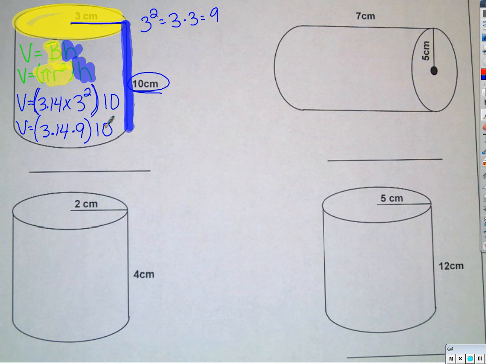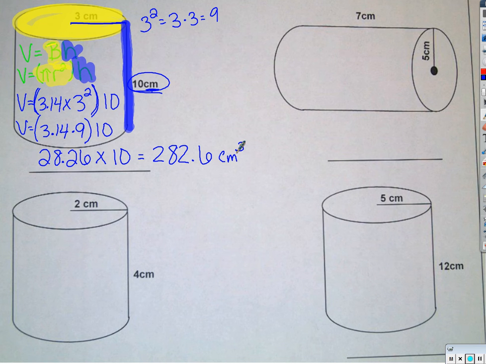So 3.14 times 9 gives us 28.26. And then we multiply that by 10, which equals 282.6. And that's centimeters.